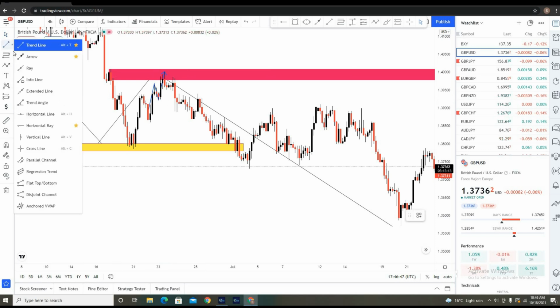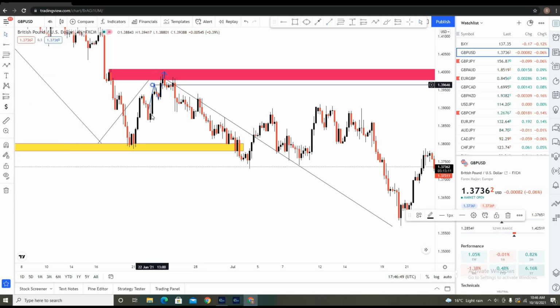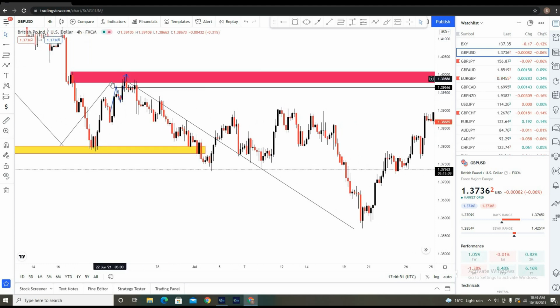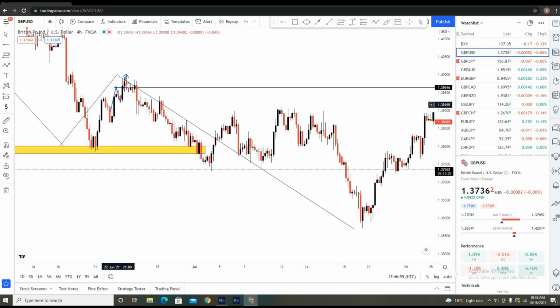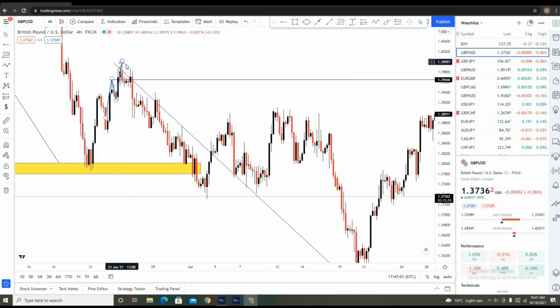So this area right here is where our pattern is located, meaning if we just remove this or minimize it, you'll be able to understand. Let me clear this so you can see the chart clearly. If I clear this, what we can see is a high, low, high, higher high into the supply zone.